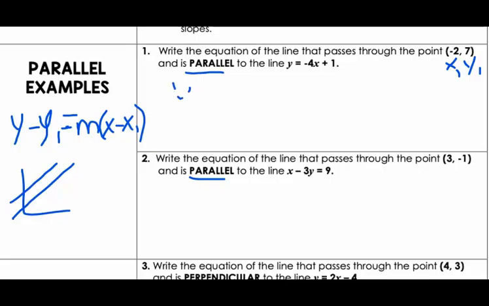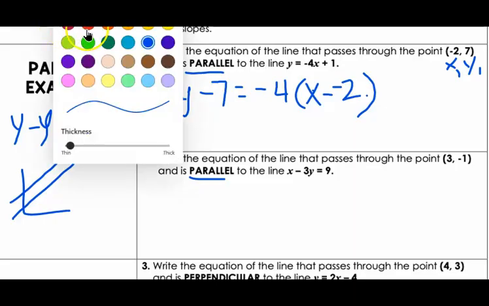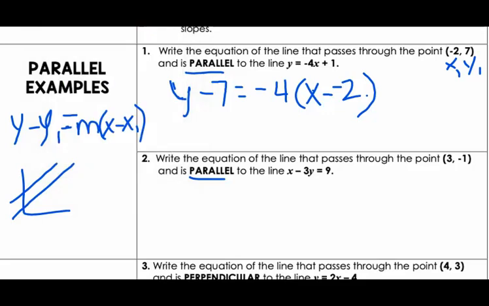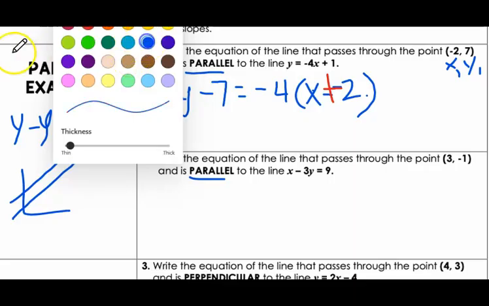Let's put this, so we have the y here minus y1, which is 7, equals -4, and then the x is here minus x1, which is -2. And be careful here, when you have two negatives, this becomes a positive. So make sure you do that part.